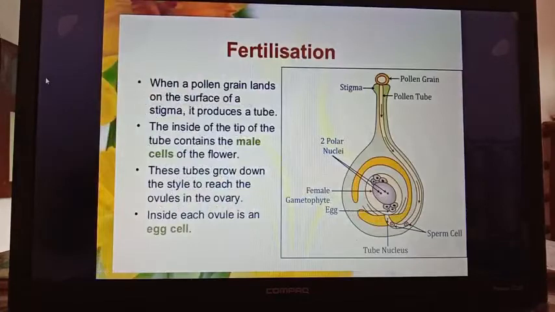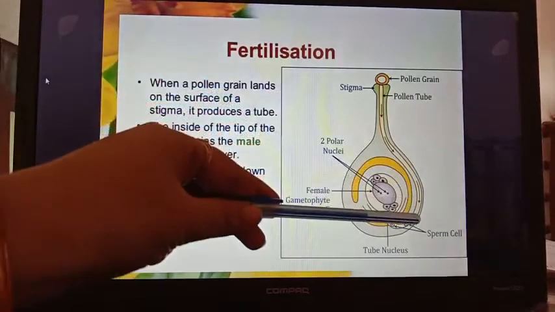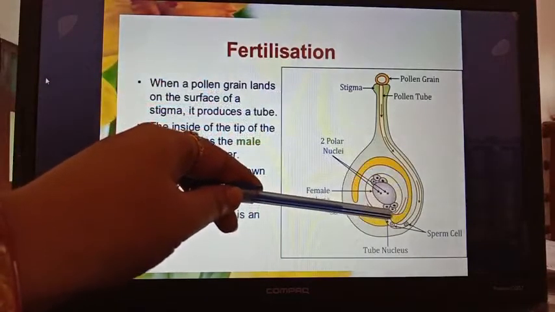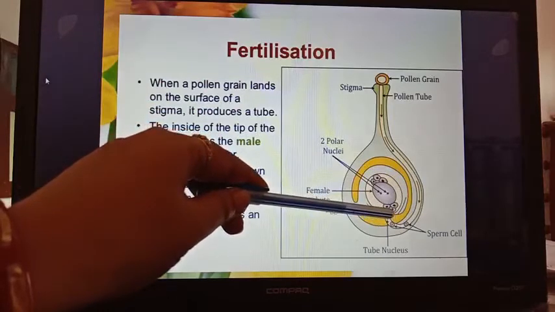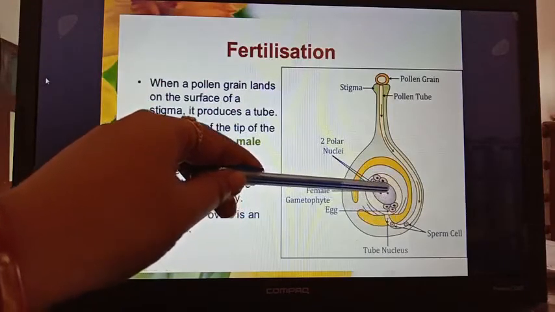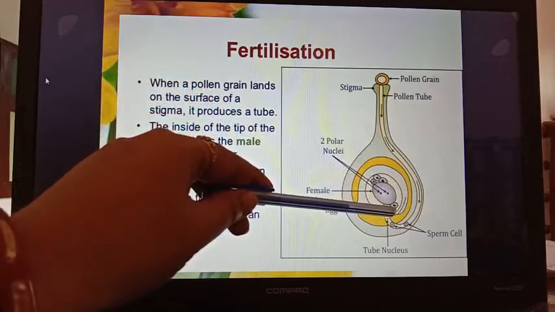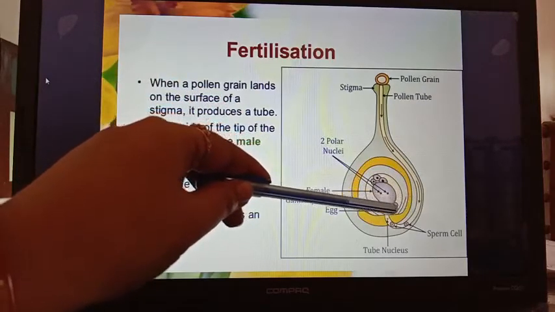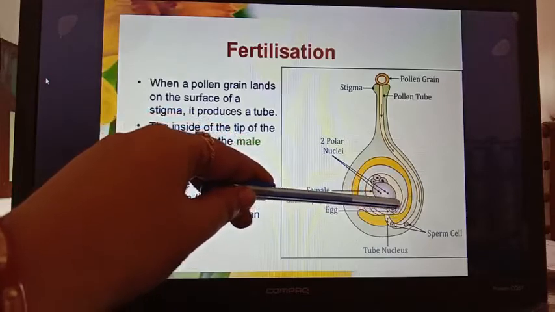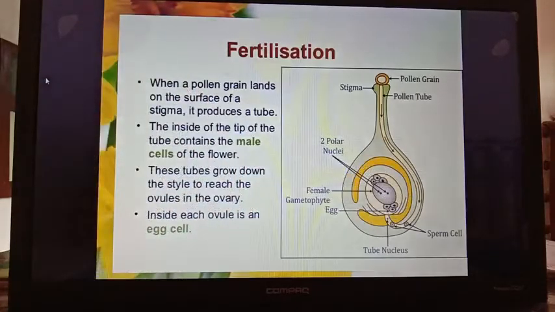These male gametes mainly enter through the micropylar end inside the ovary, fuse with the egg cell, and form the zygote.